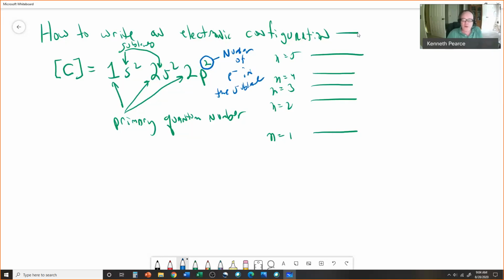So within a sublevel, you have electrons and orbitals. And within an n level, you have sublevels. And so we have S's and P's, and we have S's, P's, and D's, and so forth. All right, we won't worry too much about F's for our purposes. But we do have S's, P's, D's, and F's.